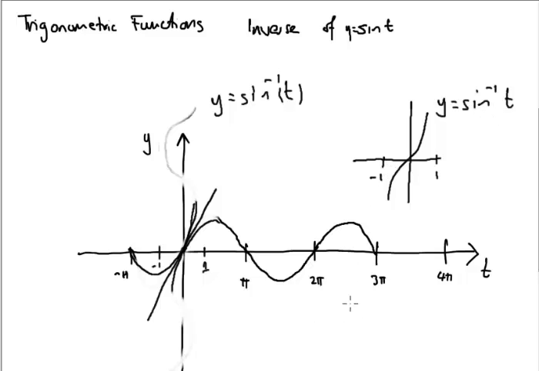Then again, all what we discussed about inverse will work here. Now what will happen? Sine of sine second function of t will be equal to t. So what we're going to do now?